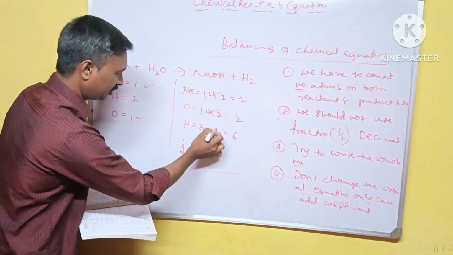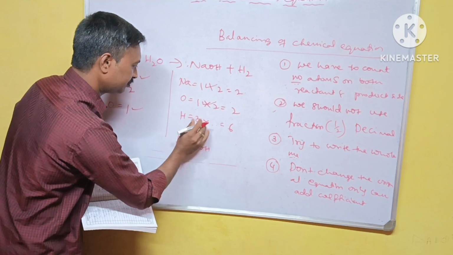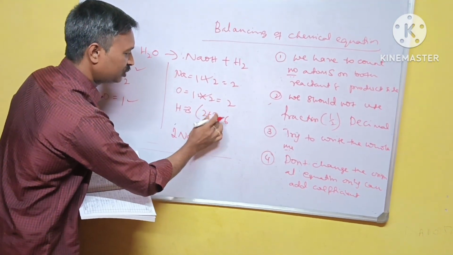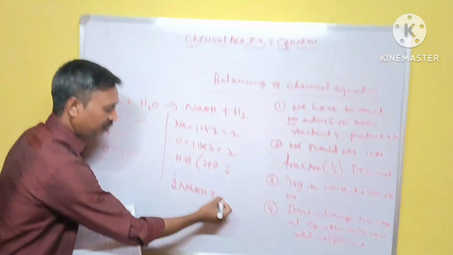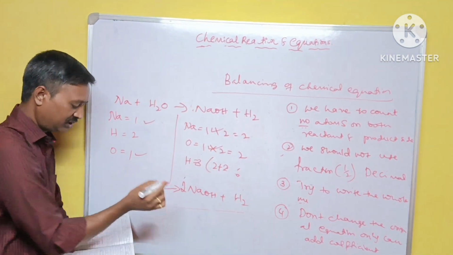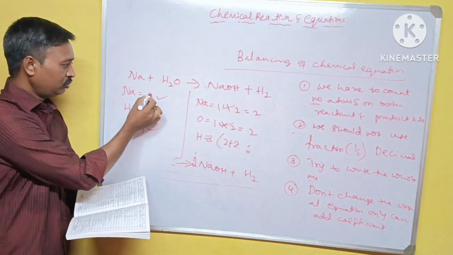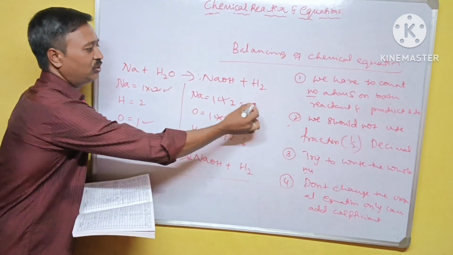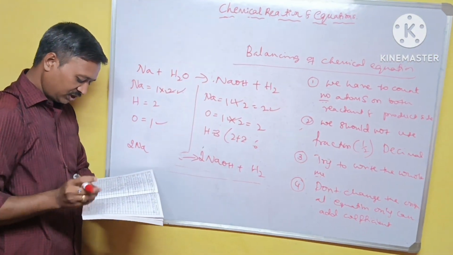Hydrogen becomes 4. Here 2 plus 2, 4 now. 2 NaOH plus hydrogen. This side, what do you have to write? 2 multiply with 2, 2 Na. Sodium balanced. Now hydrogen how much?